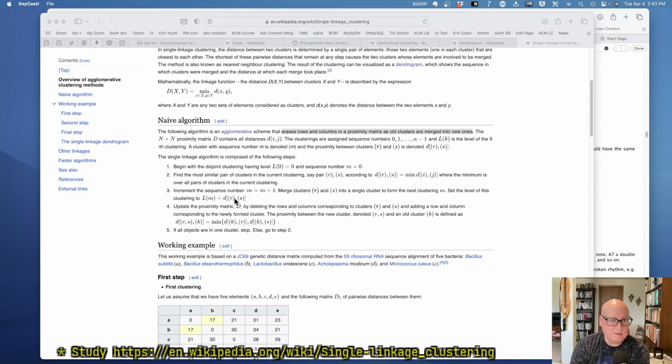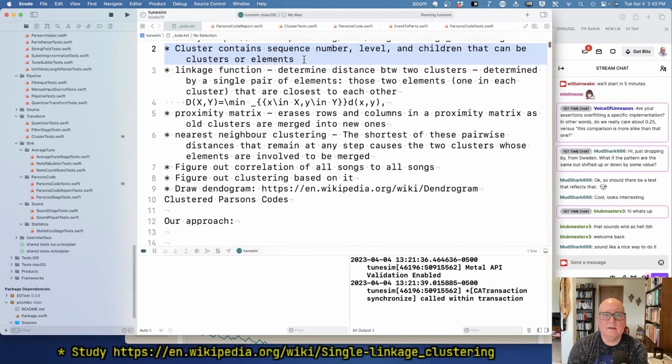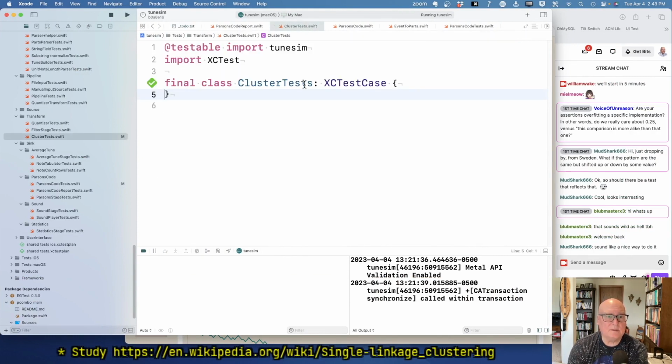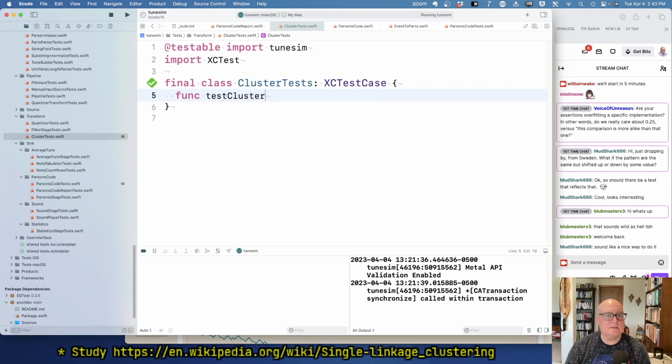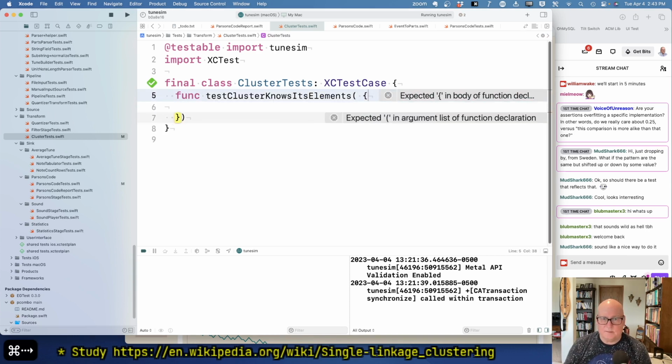So it's going to be a double for our case. All right. Sequence number, level, and children can be clusters or elements. Okay. So, what do we got? Test. How about cluster knows its elements? Just to get started. Whoops.